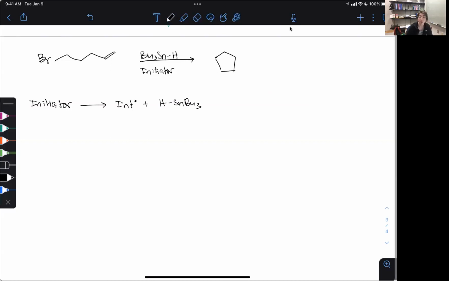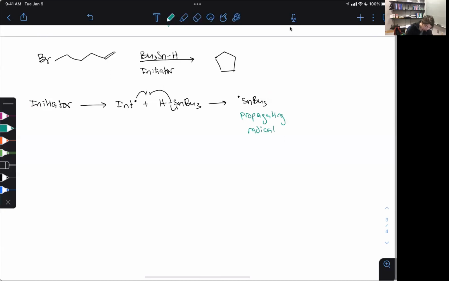Okay, so we're going to do a hydrogen abstraction again. So the initiator is going to take the hydrogen, one electron is going to end up on the tin. So we can get to our tributyl tin radical, okay? So that's going to be our propagating radical. We're going to see that get regenerated.